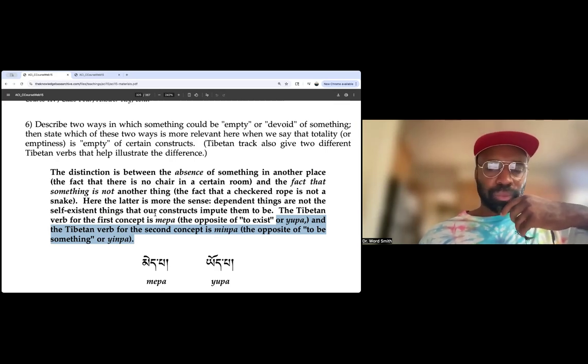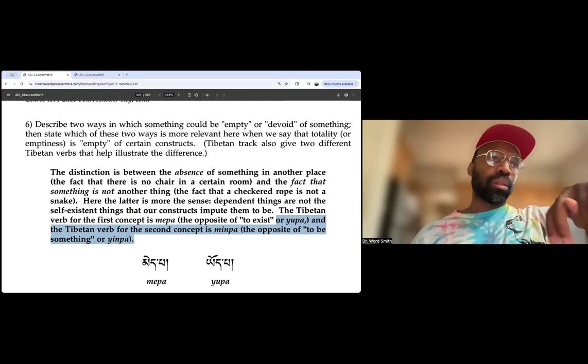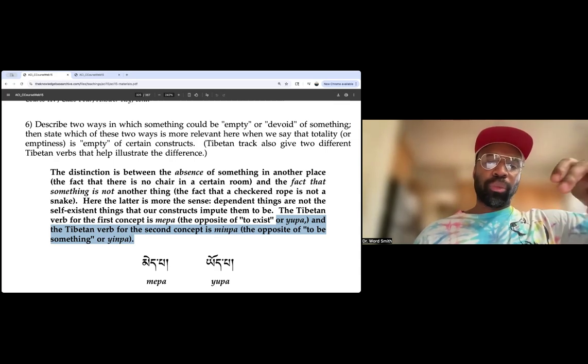Yeah, the absence of something is mepa, like the horns of a rabbit. And the fact that something is not something is like a mistake, mistaking a checkered rope for a snake, which is minpa.